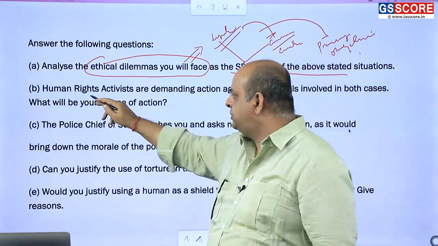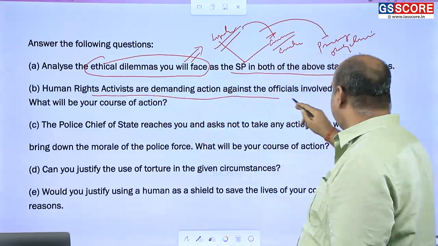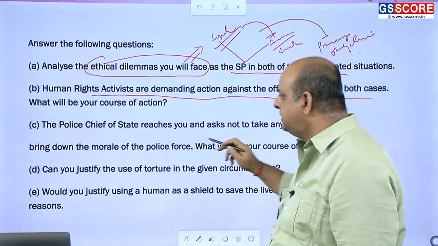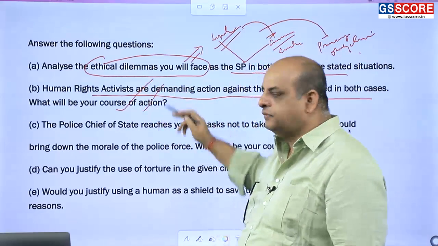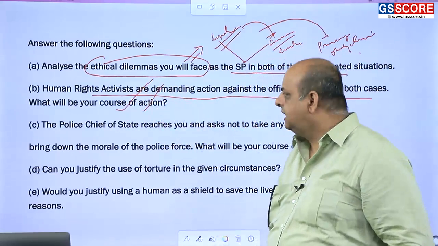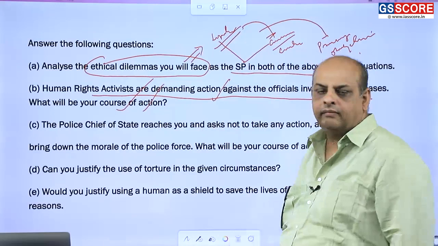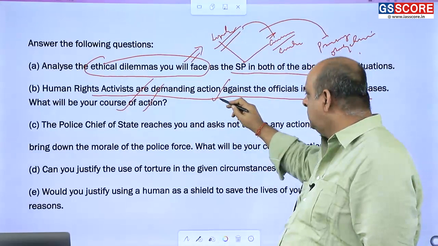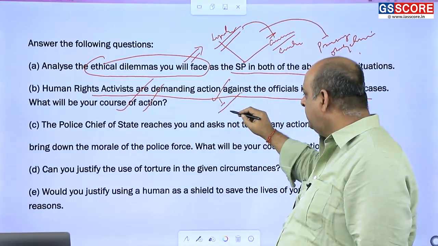The second question says, human rights activists are demanding action against the officer involved in both cases. What will be your course of action? Yes, of course. You will listen to them, and then also you will convey what your course of action is going to be.